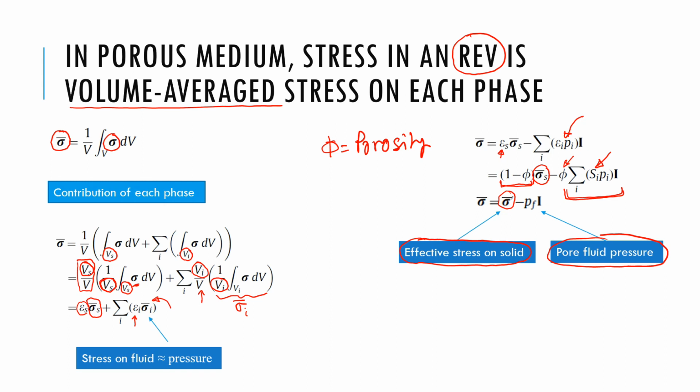So now with this equation, we go back to the equation for equilibrium. Remember, we had derived the equation for equilibrium, and that it was for a single phase. But now we are applying that equation for equilibrium for the average stresses in a porous medium.